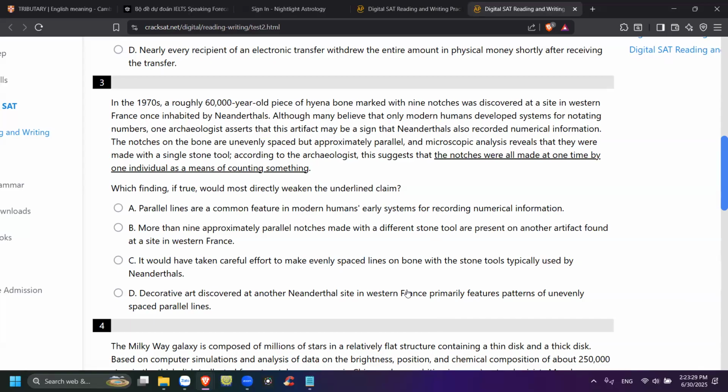So we want to find the option that includes many people.